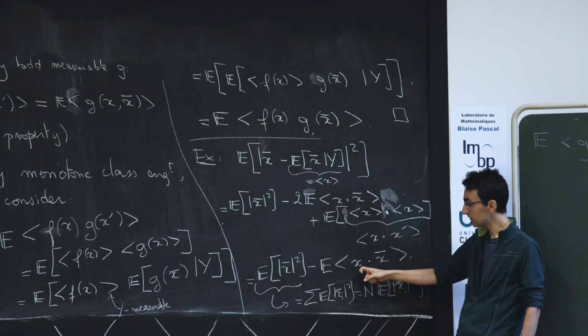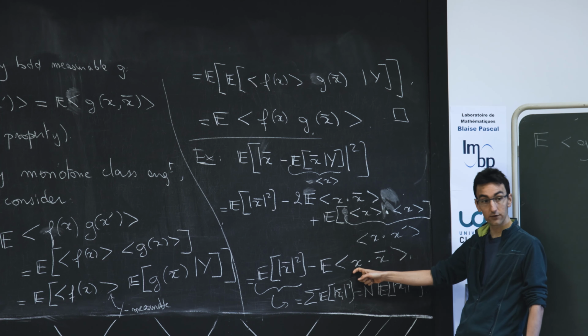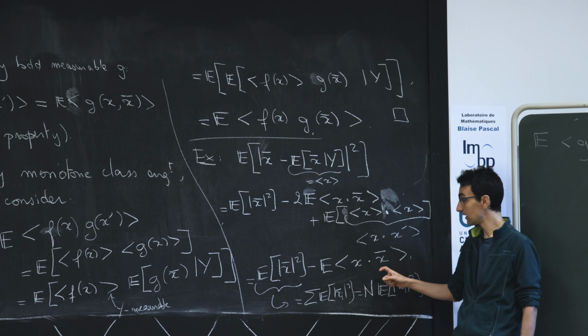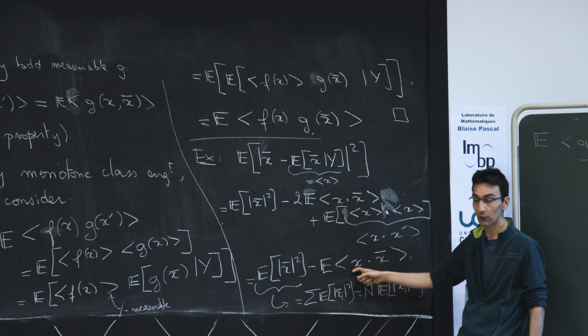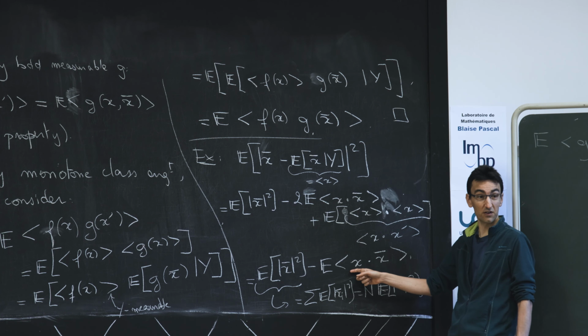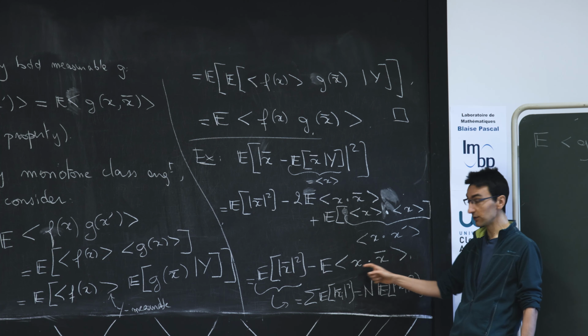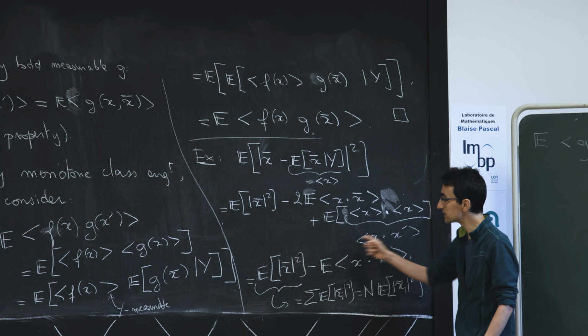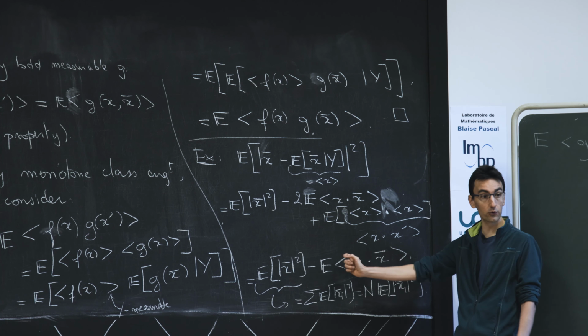Is it the case that we manage to have x align very well with x bar? For instance, if x is equal to x bar, that would be very nice. Or is it the case that we don't manage to align it very well? For instance, if x is just an independent resampling of x bar, then this is not going to work very well. So, in some sense, this is the quantity we are going to focus on studying.